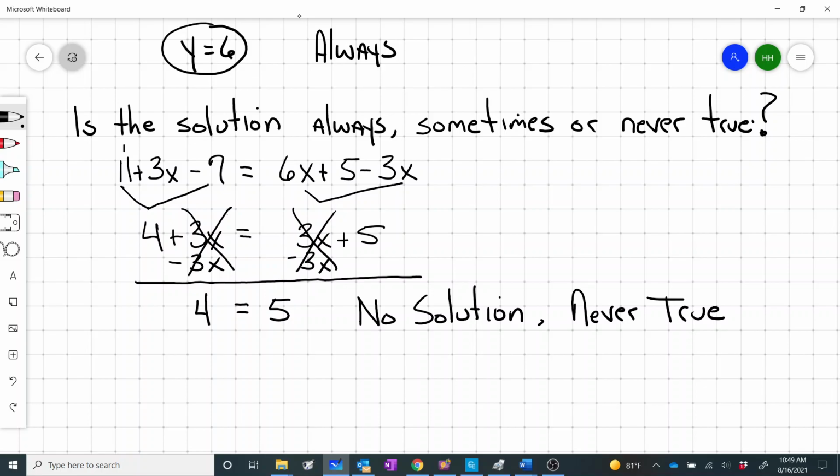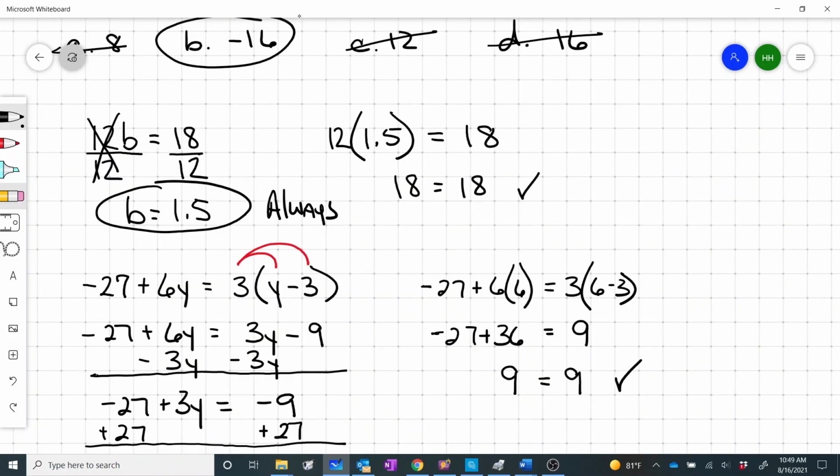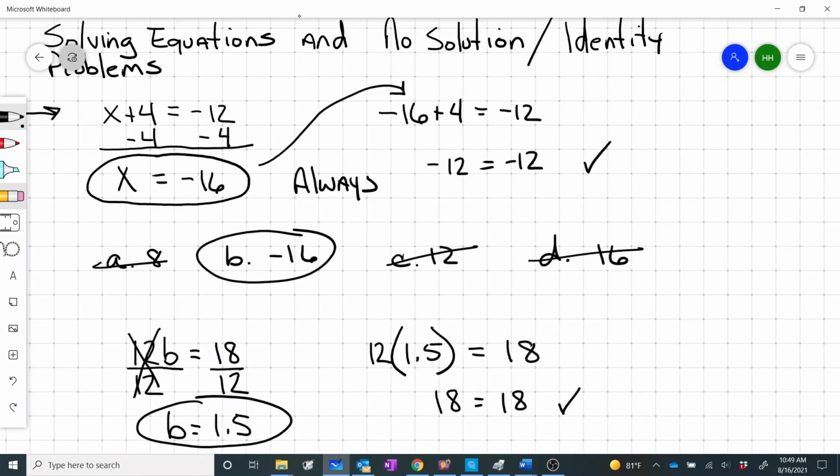Now, back up here, I made a mistake. All these places that we wrote always, we got to erase that. I really apologize. And when you erase that always, I want you to write sometimes. Here we got sometimes.